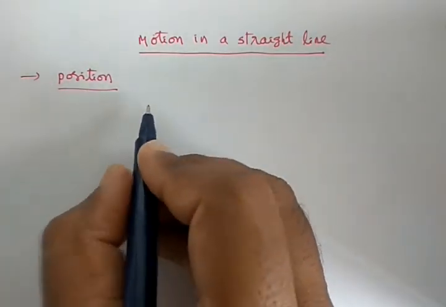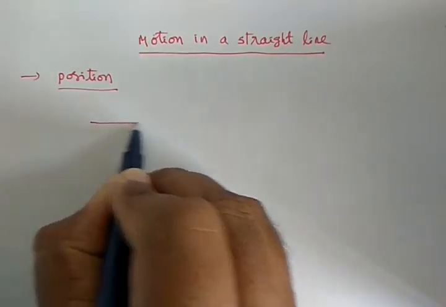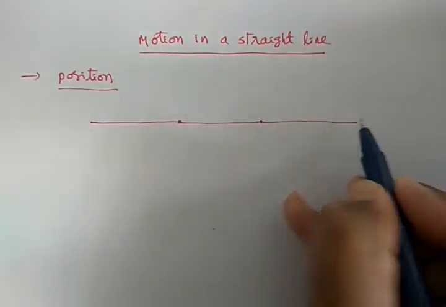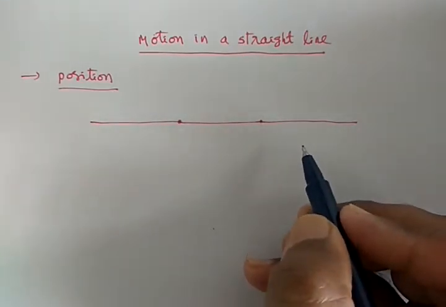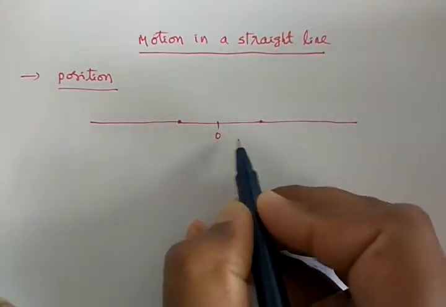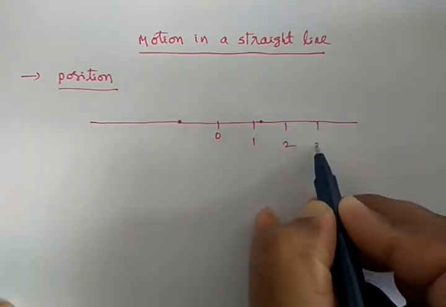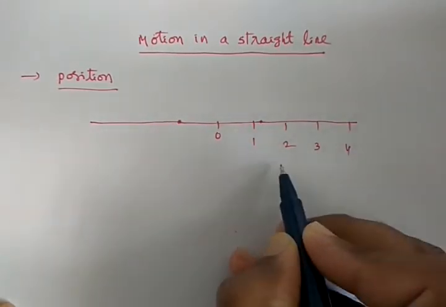If I take x-axis like this, so this x-axis can be used as a reference frame. If I say this is the origin, and this is 1, and this is 2, and this is 3, 4.